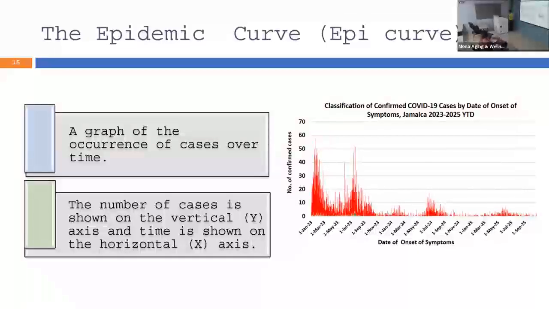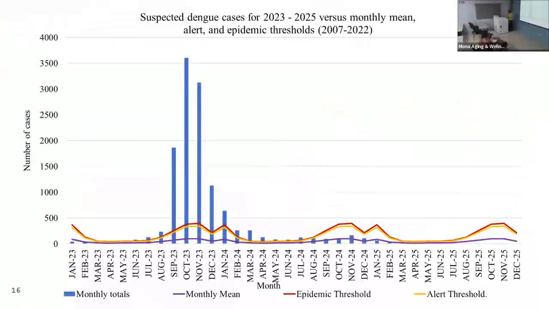All right, now we can look at how the epidemic curve appears for different types of outbreak. Just a reminder though about how we determine an outbreak. The cases are above what we would normally expect. What we normally expect is the purple line, the mean, the average.